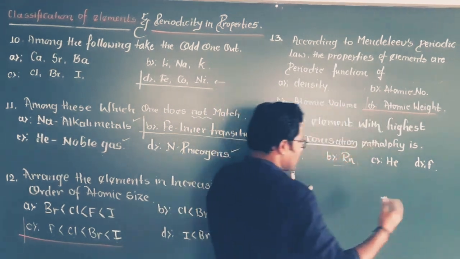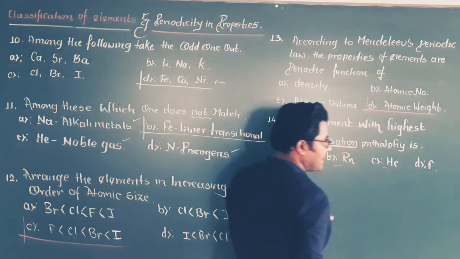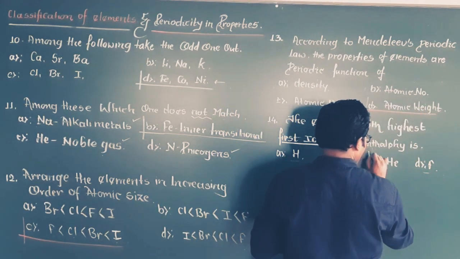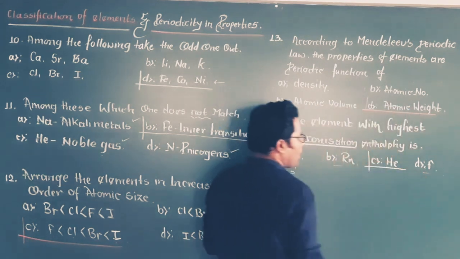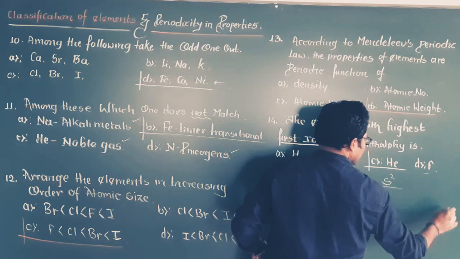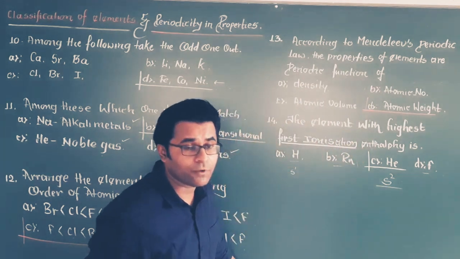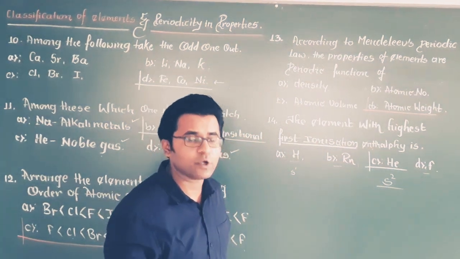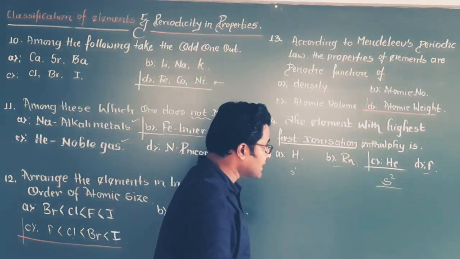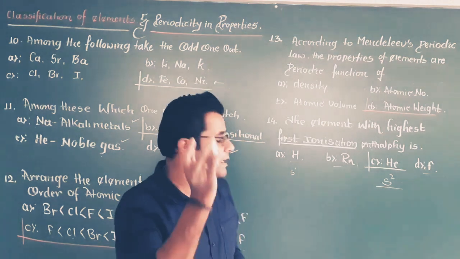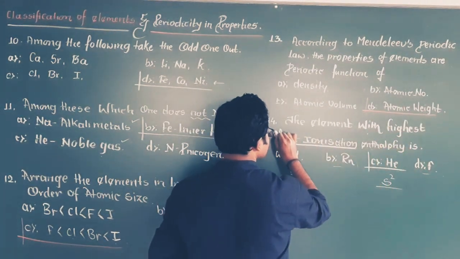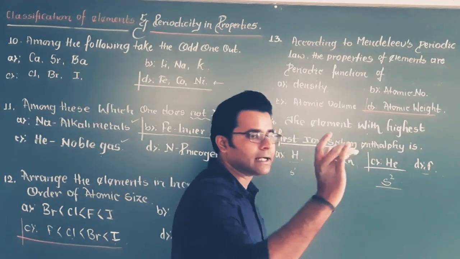Radon, no, because it's larger compared to that of helium. Fluorine, of course not. So the smallest one over here with the completely filled outermost shell, that is s2 configuration, is helium. So therefore, the amount of energy that is required in order to remove the electron is going to be high in the case of helium. So therefore, helium is the particular element with the highest ionization enthalpy.